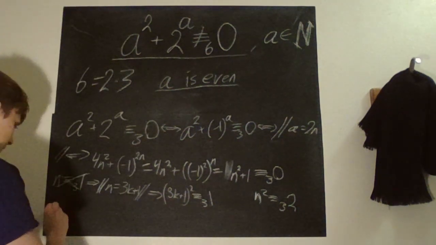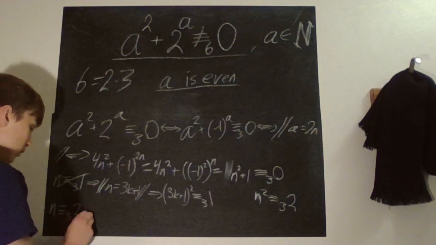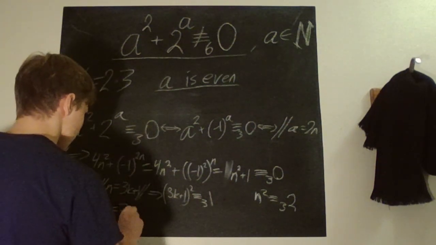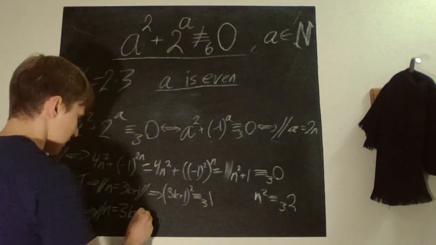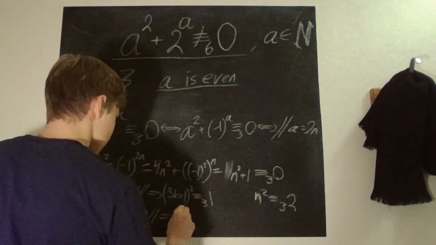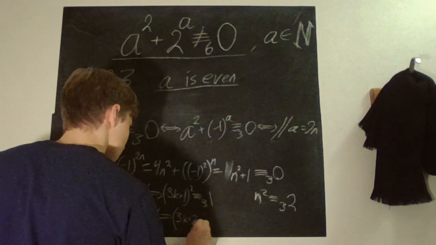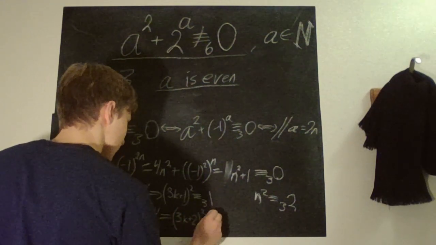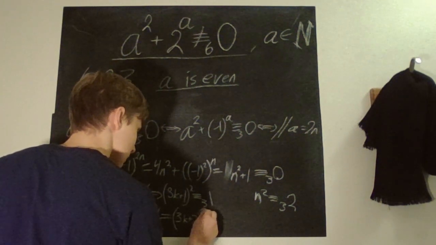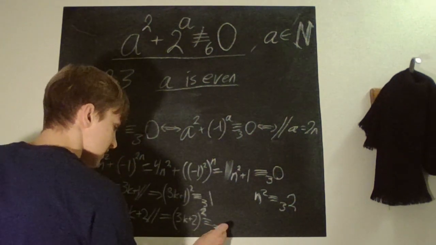And then we have the other case. n modulo 3 is equal to 2. Then we say that n is equal to 3k, for k some integer obviously, plus 2. So we get the same thing here: 3k plus 2 squared. What is that in modulo 3?